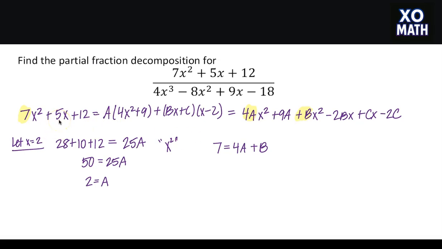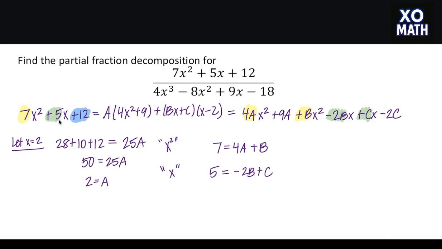Now what's everything in front of x? What's in front of x over here is a 5. What's in front of x on the right side is negative 2b plus c. So for my x terms, I have 5 is equal to negative 2b plus c. And then what are my constant pieces on the left and right?